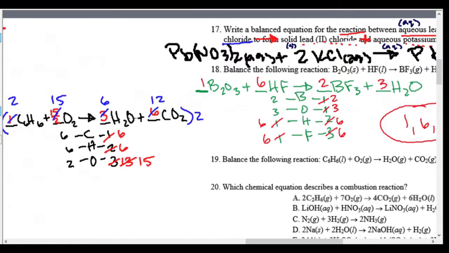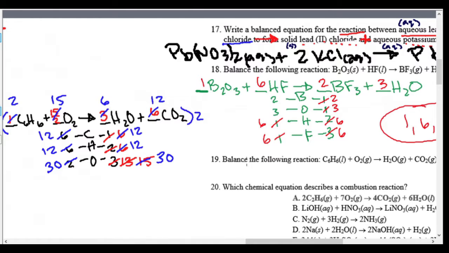So let's do a total here and make sure we're good. Alright, 6 times 2 is 12, 12, 30. 6 times 2 is 12. 12 times 1 is 12. And then 12 times 2 is 24, plus 6, 30. Everything checks out.